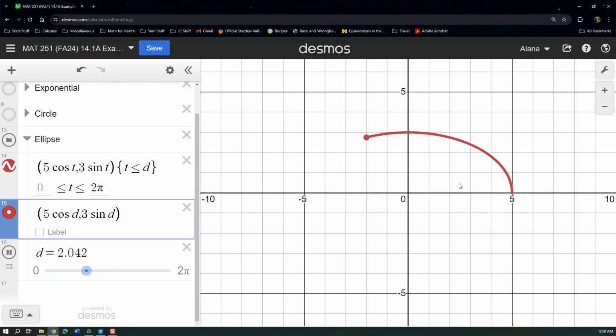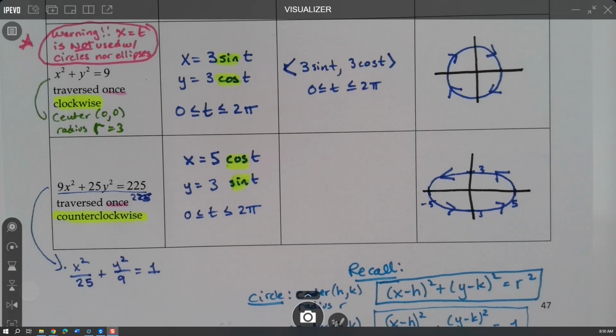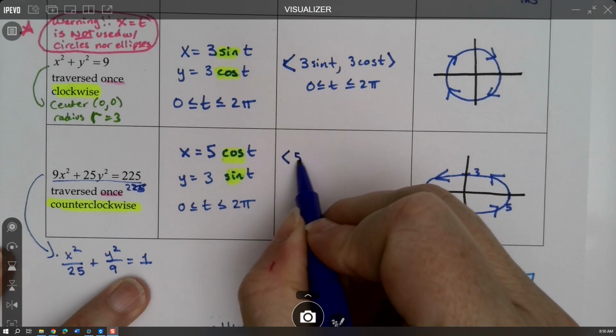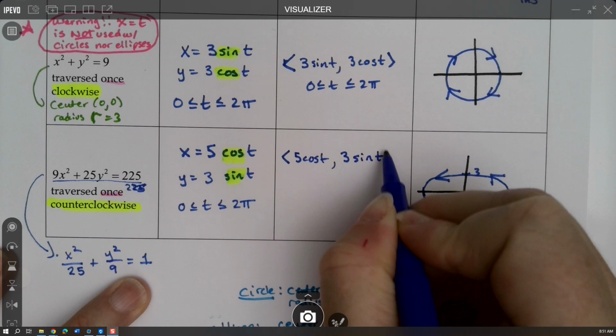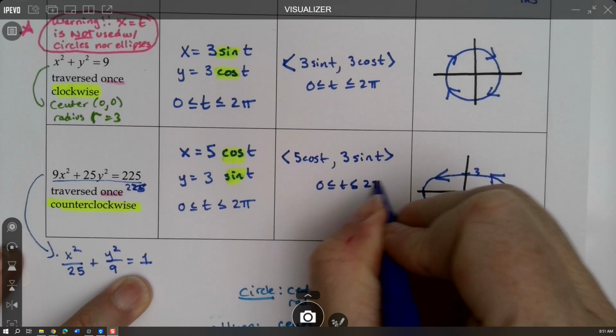And you can see that the x vertices, if you will, are 5 and -5, and the y vertices are 3 and -3, just like we expect from the function. So all we have yet to do is to fill this in. It'd be 5 cosine t, 3 sine t, with 0 less than or equal to t, which is less than or equal to 2 pi.